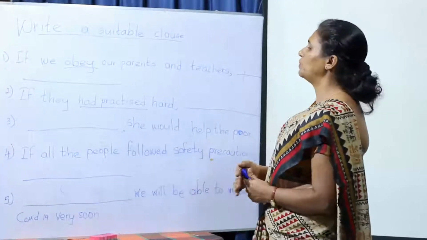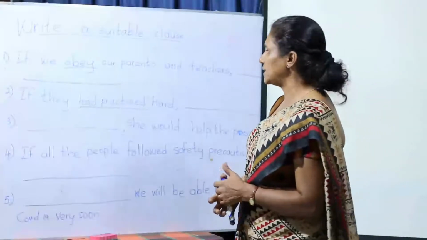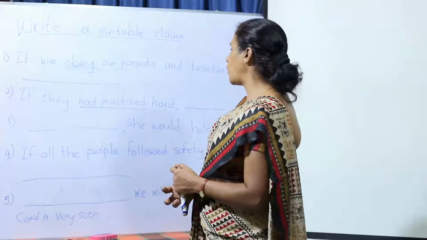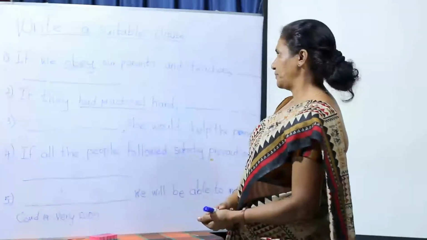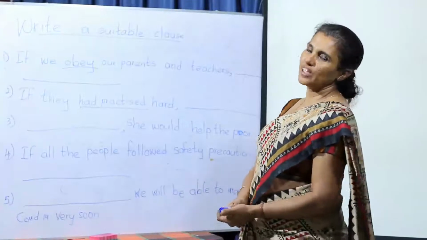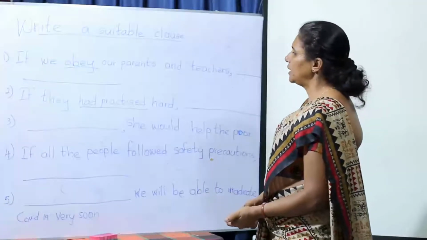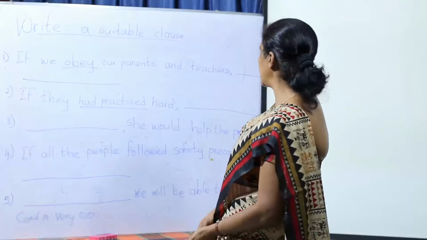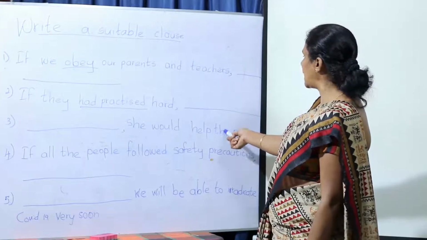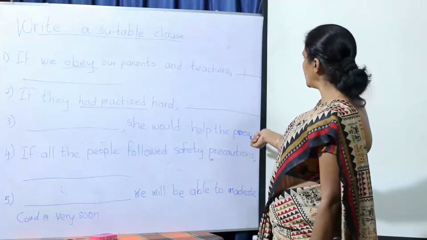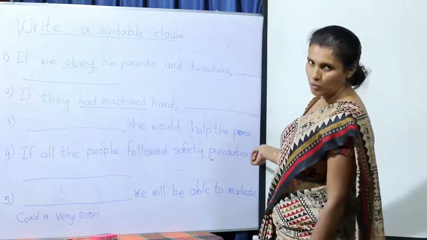The if clause should be with the simple past tense. If she won a lottery, she would help the poor. Right? That is an unlikely situation. Okay? Then we'll come to the fourth. And again, put here the poor, it is understood with this article. We don't want to write people. The poor means the poor people.